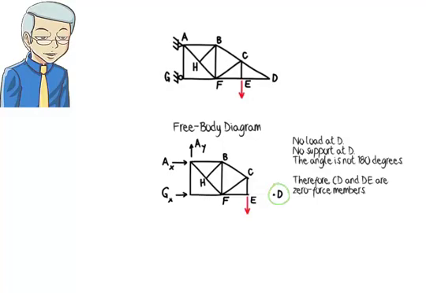Also, Rule 3 applies to joint H. Hence, BH is a zero-force member.